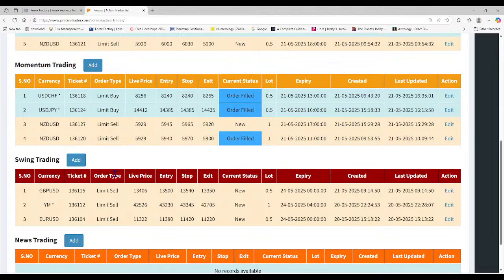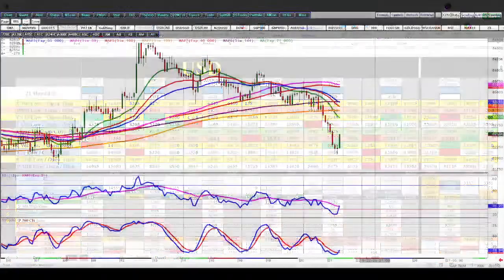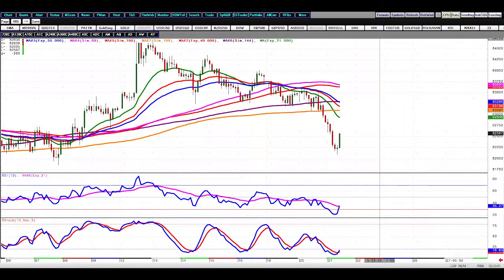Then after that we'll go for a re-entry. Okay, I want to exit at 82.65.